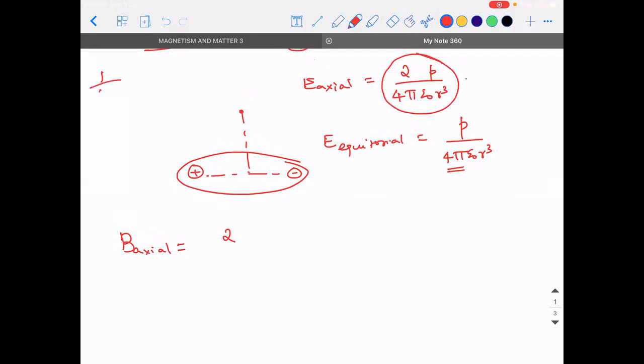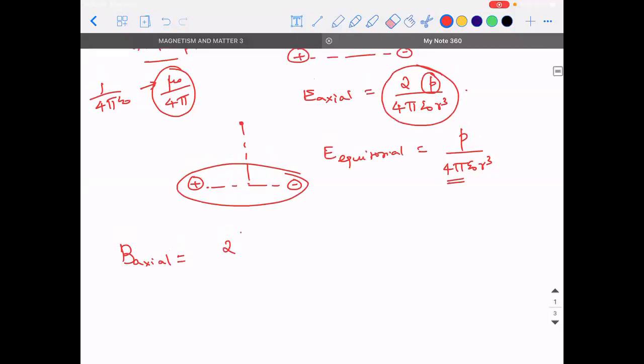I told you 1 by 4 pi epsilon naught will always be replaced with mu naught by 4 pi. So 2 into p, where p stands for electric dipole moment, what will be the replacement here? It will be capital M, which is the magnetic dipole moment.